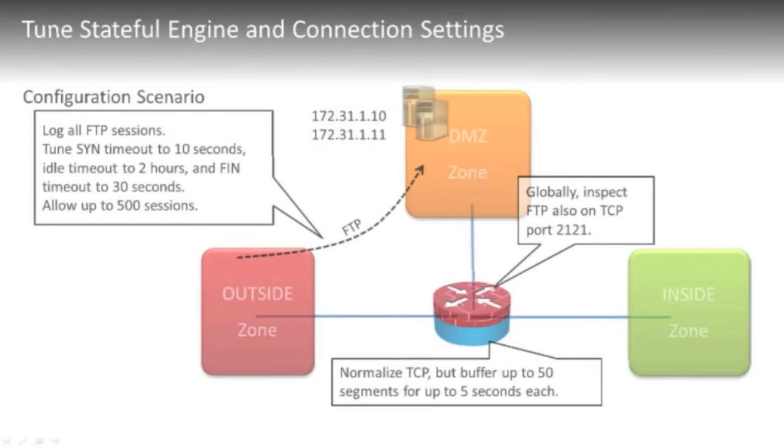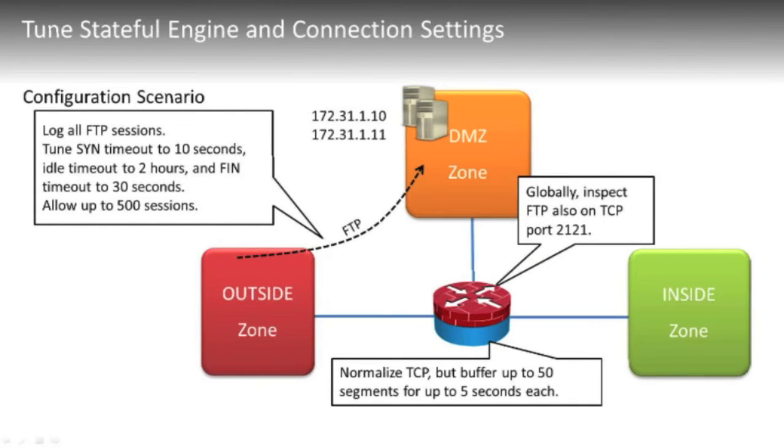Well, let me show you a scenario in which we'll engage in these tunings. We've done our homework and we know we've got to tune our zone-based firewall for our environment. In this scenario, we want to log all FTP sessions.